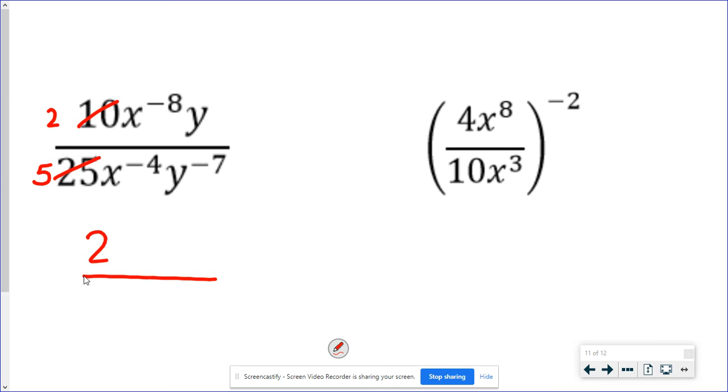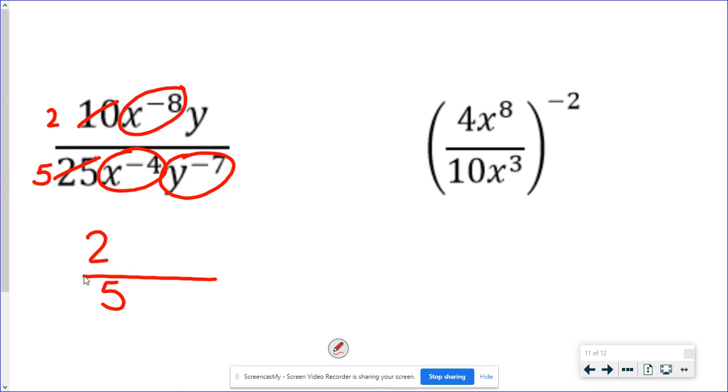So I'm going to do that, 2 and 5. Now I'm going to find everything that has a negative exponent. Anything with a negative exponent is not happy. This is where I would just circle all the stuff that's going to move so I can see what moves and what stays. That's going to move, and that's going to move, and that's going to move. The only thing that stays where it is is that single y in the numerator.